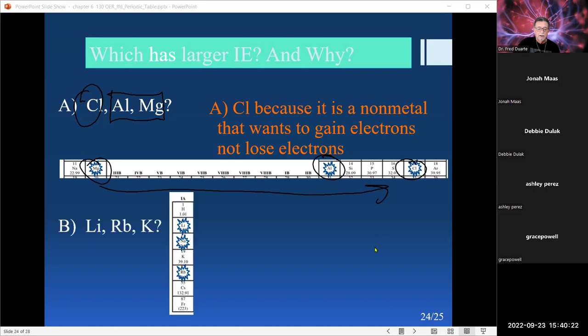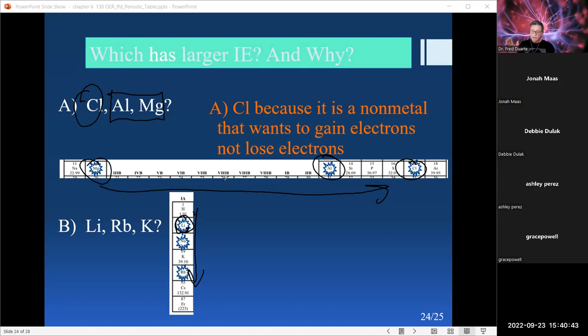The next set, we find them again in the periodic table. This time they're all in group one, so they're going down the periodic table. And the question is, who's going to have a high ionization energy? That would definitely be the one that is smaller, which would be lithium. Why?